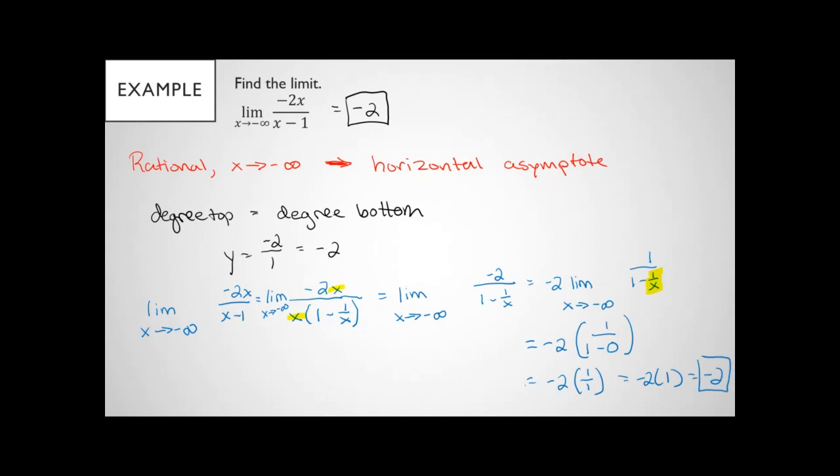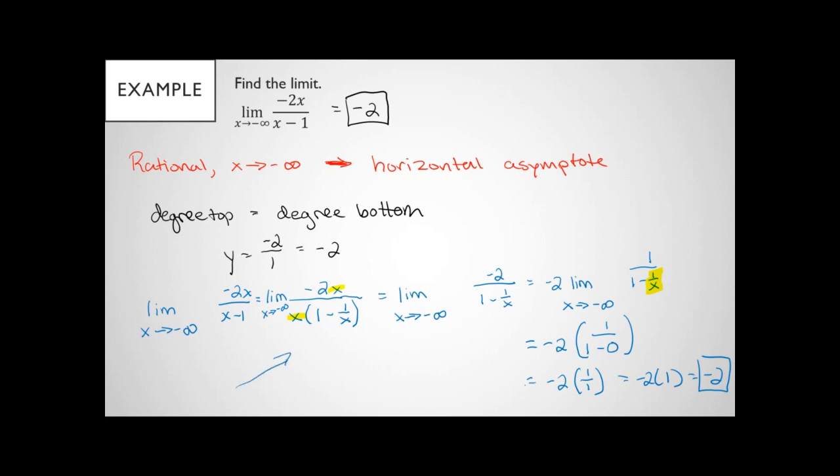So one of the videos shows this. It's using some tricks of limits. This is the kind of stuff that you're going to see when you get to calculus. The easiest thing when I see something like this is just to recognize, oh, it's asking for the horizontal asymptote, and then use your rules for finding the horizontal asymptote to find the limit without doing all this complicated algebra.